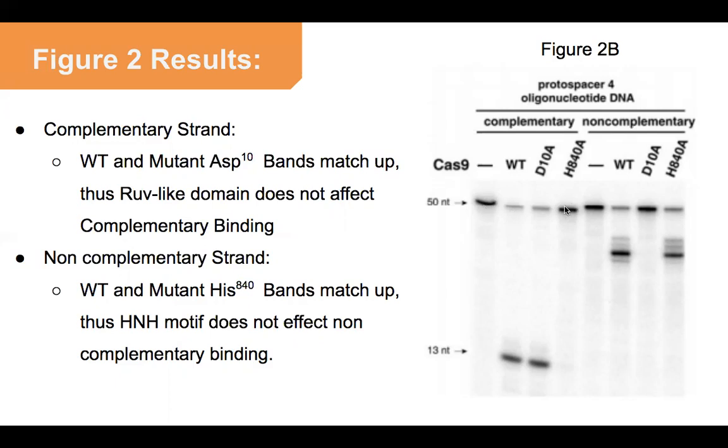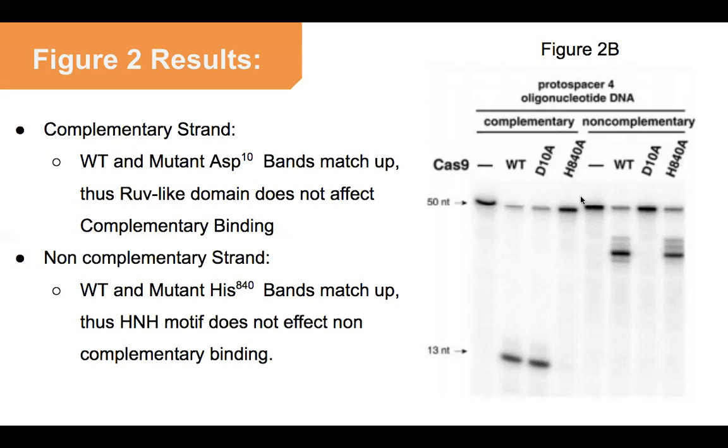It has a similar intensity to the mutation that corresponds to the histidine on the HNH motif. So that means that when that HNH motif is mutated, it's not working properly, and that is confirmed on the complementary side by the band of the negative control lining up with it. So for complementary strands, the HNH motif is what is primarily going to be doing the work, doing the binding and the endonuclease action on the complementary strand.